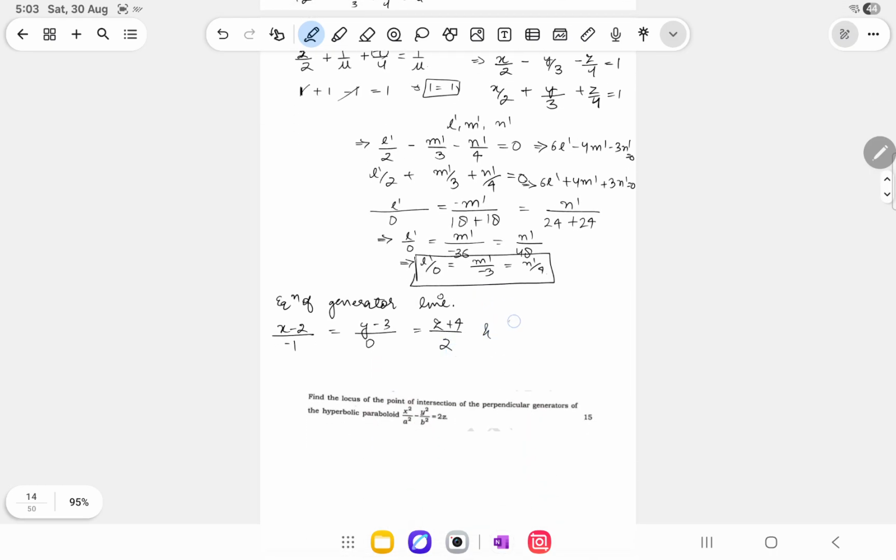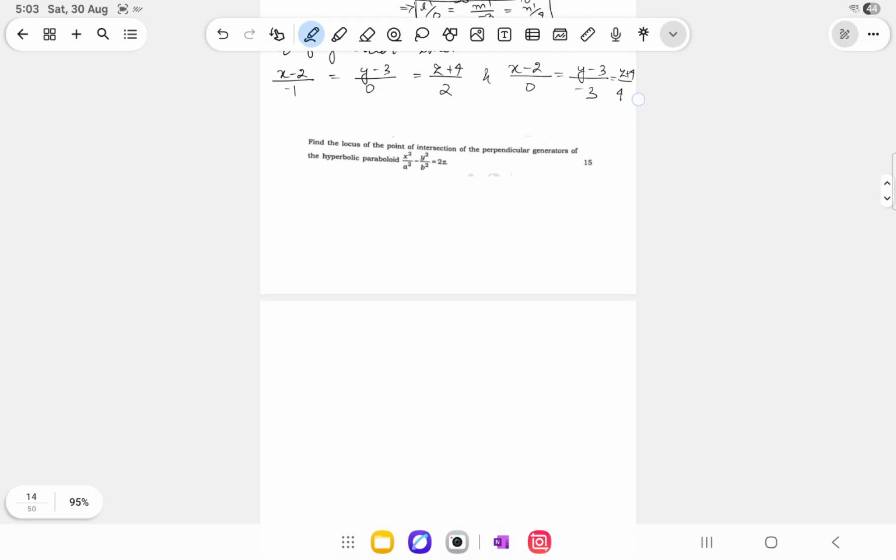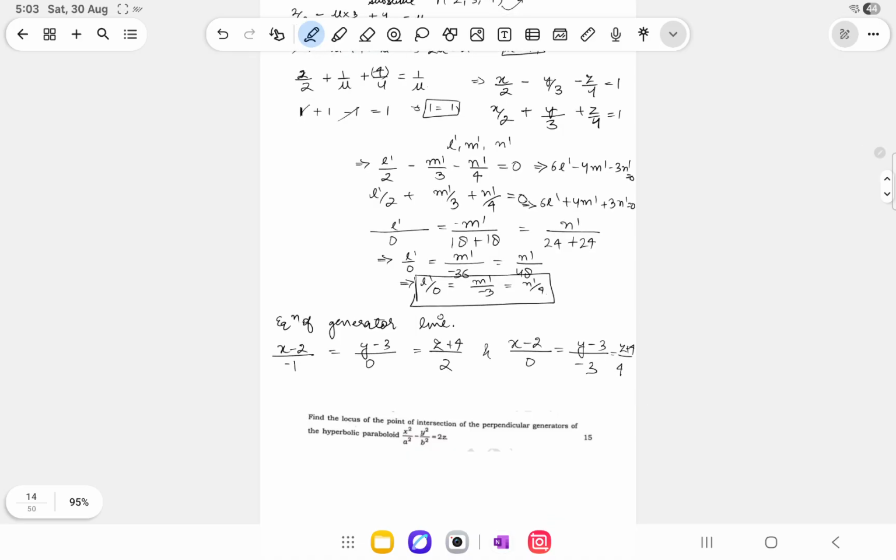And the equation of the other generator line is x minus 2 by 0, y minus 3 by minus 3 and z plus 4 by 4. So these two lines give the generator lines.